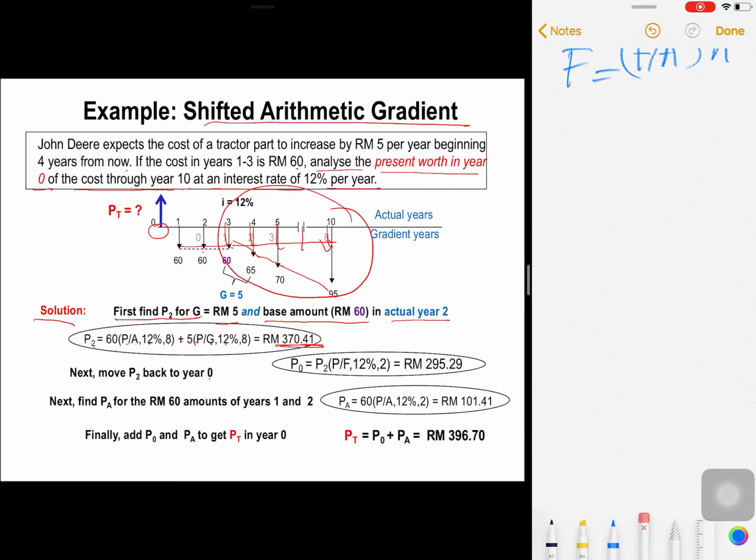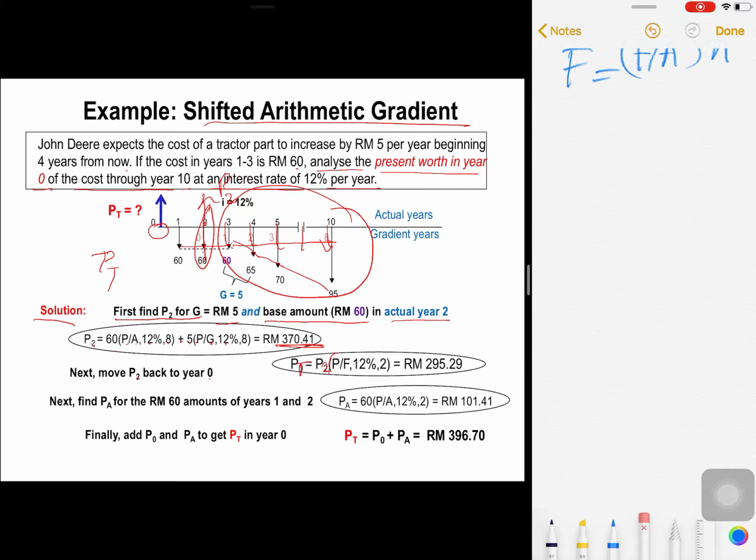Then move P2 back to year 0. So whatever you get at P2 here, you move back to year 0. For that you can find P total.